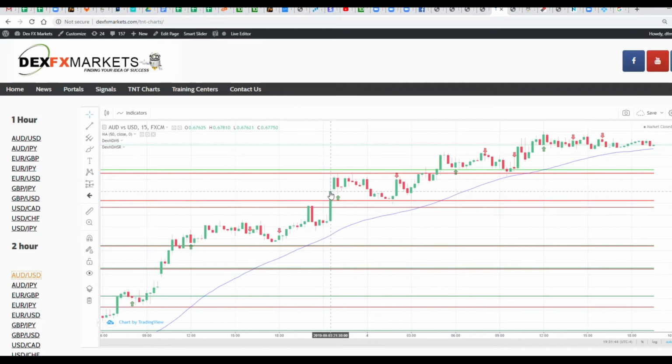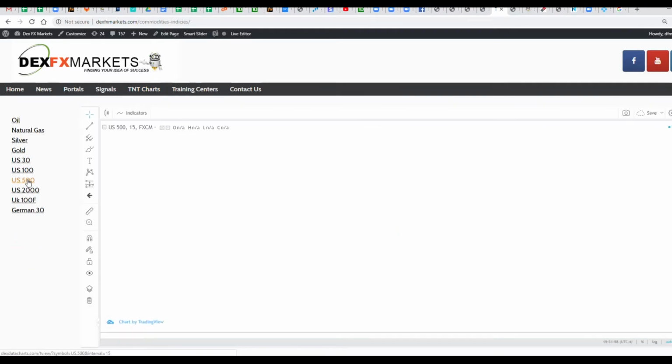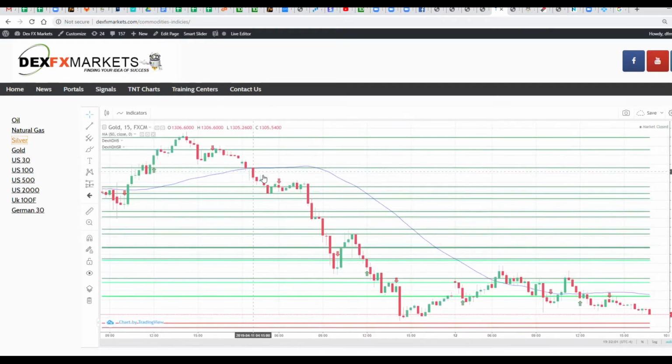Maybe they don't all have a distinct wick, but they all have the same features, no matter what time frame it's in. But it also doesn't matter what asset it is. It could be any asset. It could be silver, it could be gold, it could be anything. They all have the same characteristics. If I covered up the word gold up here, you wouldn't know if this was a Forex chart or a gold chart.